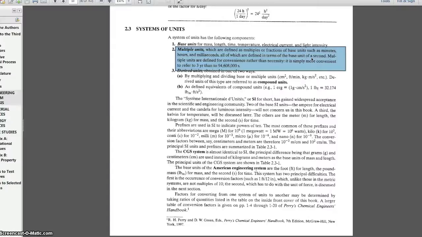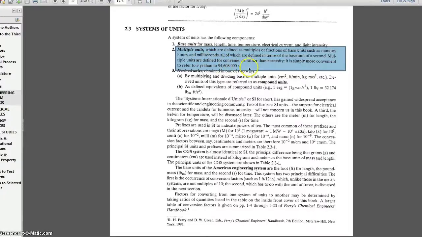It is simply more convenient to refer to 3 years than 94,608,000 seconds. So it's better to call it 3 years with multiple units.